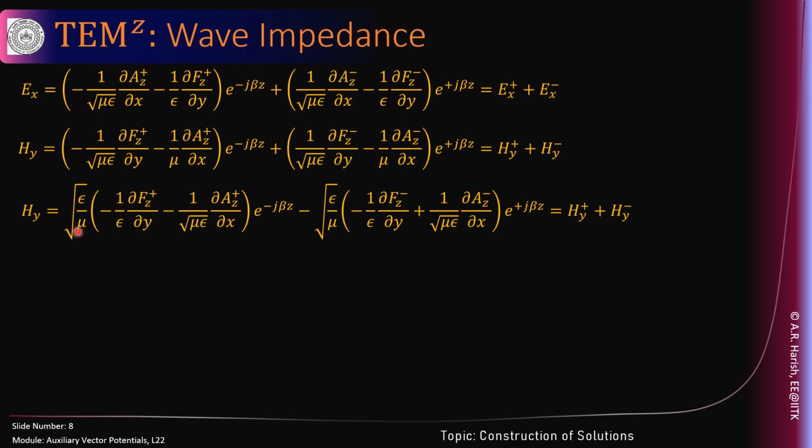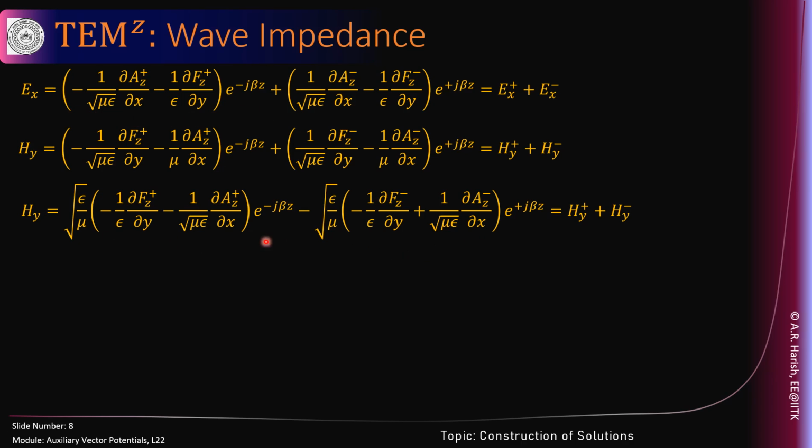If you take out square root of epsilon by mu from here, then I'll be left with 1 by epsilon, square root of mu comes out, and from here I'm left with 1 upon square root of mu epsilon. Similarly, taking out minus square root of epsilon by mu from here, I'm left with this equation here.